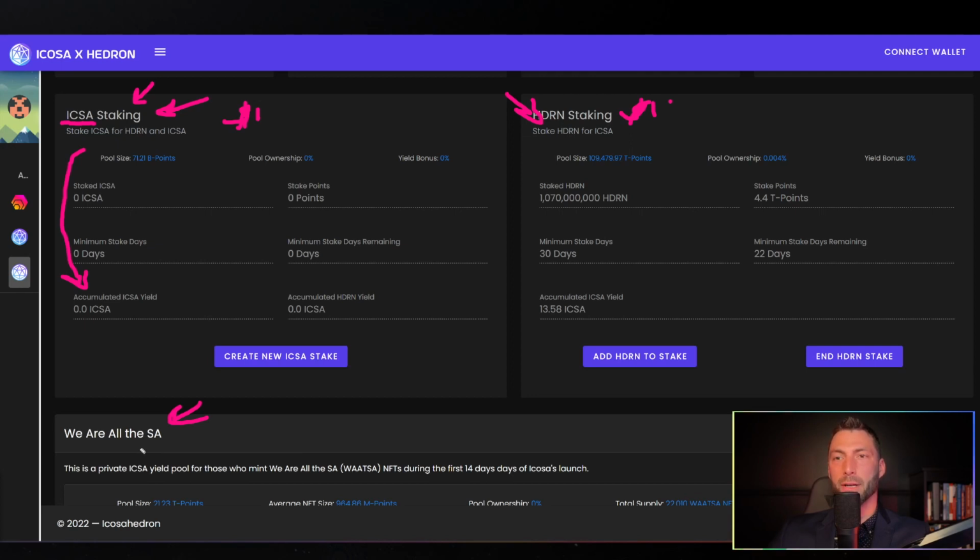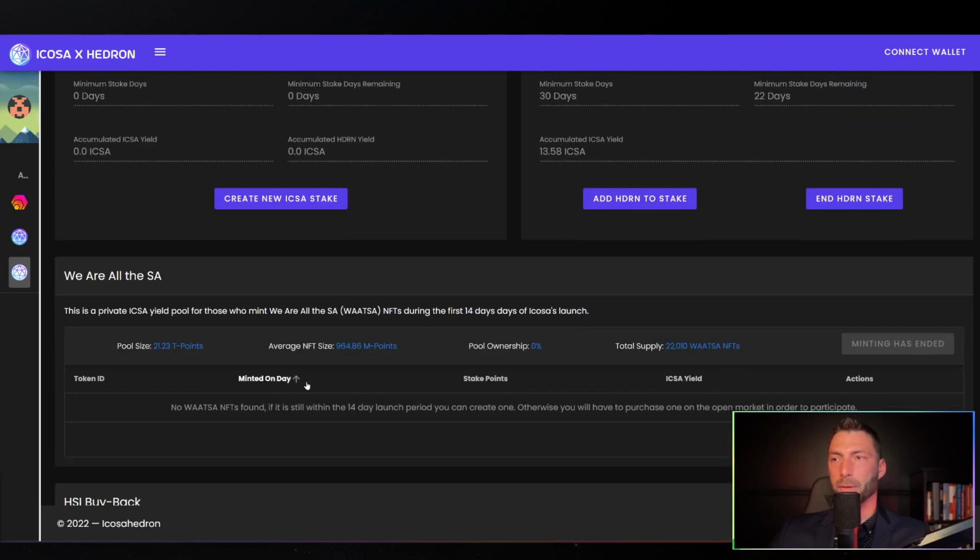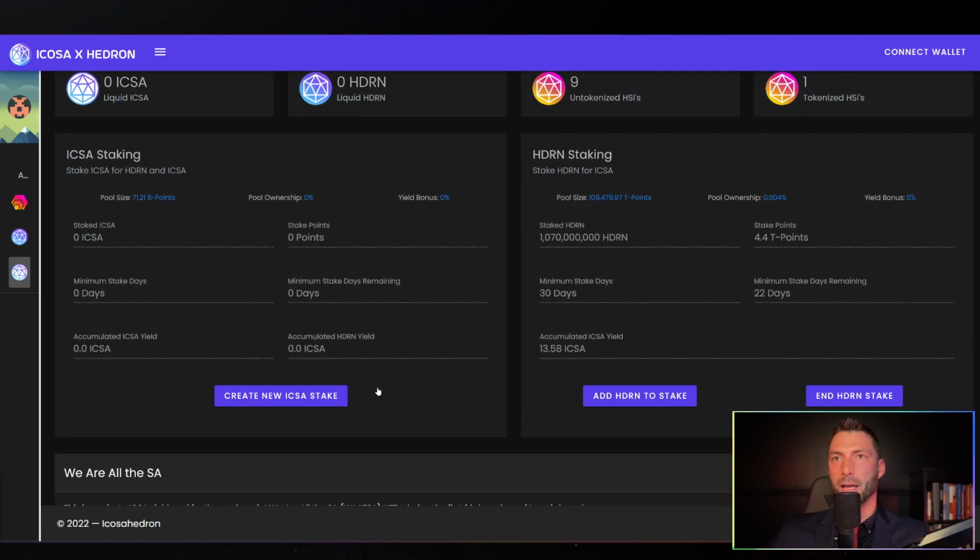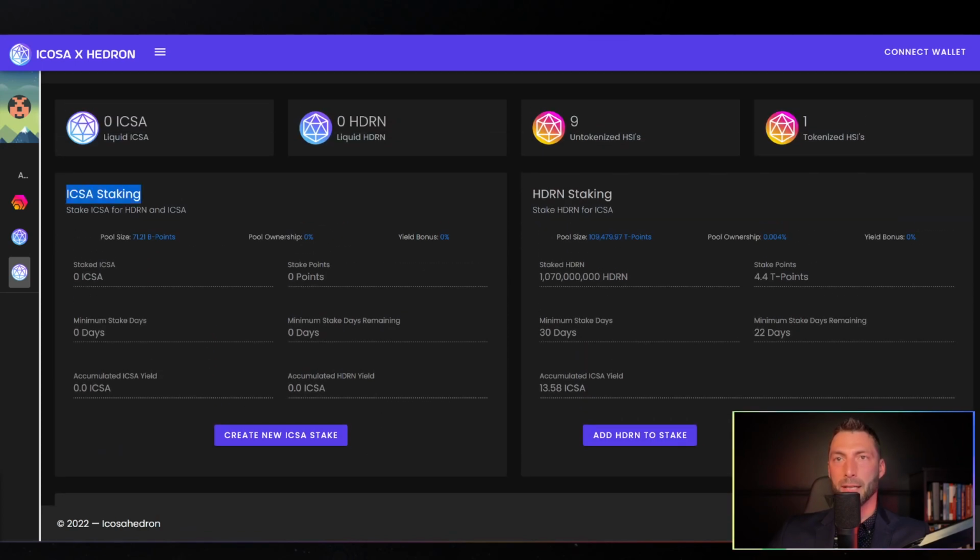The only way to get into it is to buy other people's NFTs here, and they tend to be relatively highly priced. And so I think people are really preferring to get Icosa right now, leading up to the Big HSI Days, so that they can have some yield. And if you're going to get Icosa, I think they're thinking, get it now before there's all that yield. Let's take advantage of that opportunity.